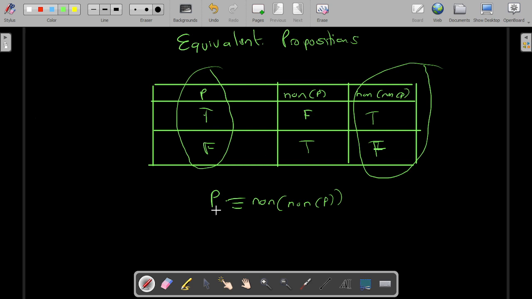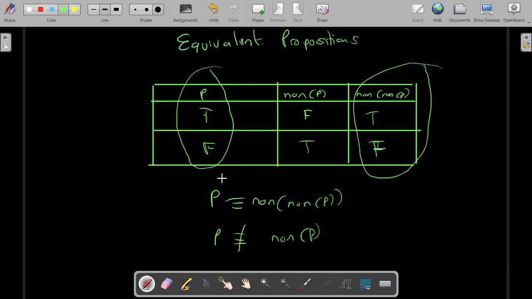And P is not equivalent to non P, because when P is true, non P is false, and when P is false, non P is true. So these two propositions cannot be equivalent. So this is your example here.